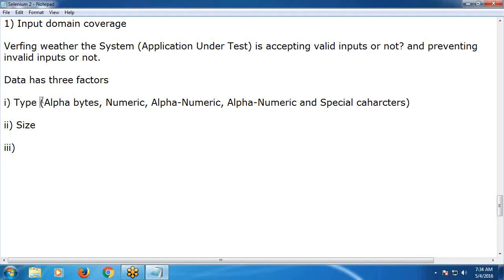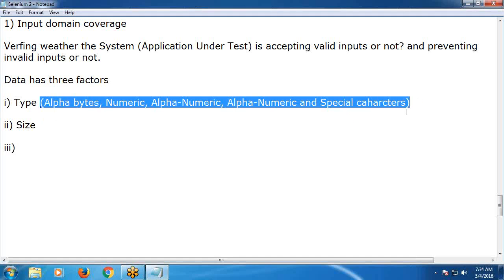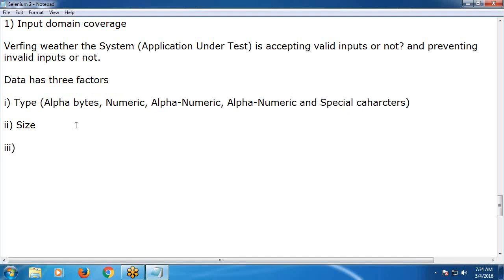Just restrict to general data types. Next, size of the data. Size, Mrinal, size of the data. Size of the data means, if it is the name field, we can specify 30 characters, or phone number, then 10 numbers. Suppose phone number, 10 digits.